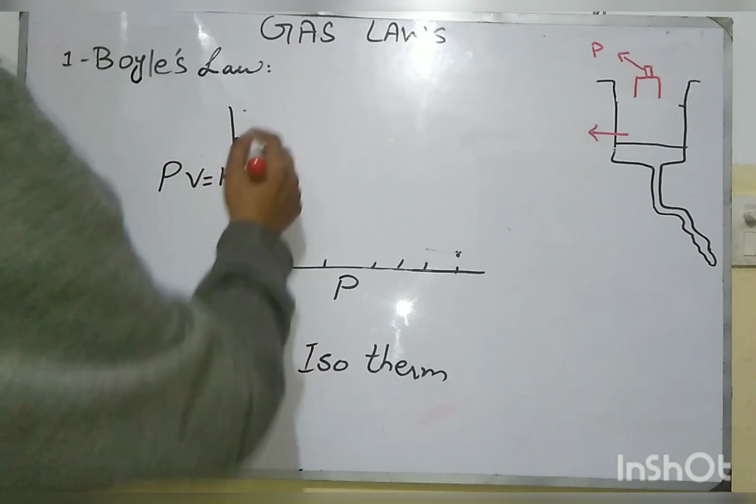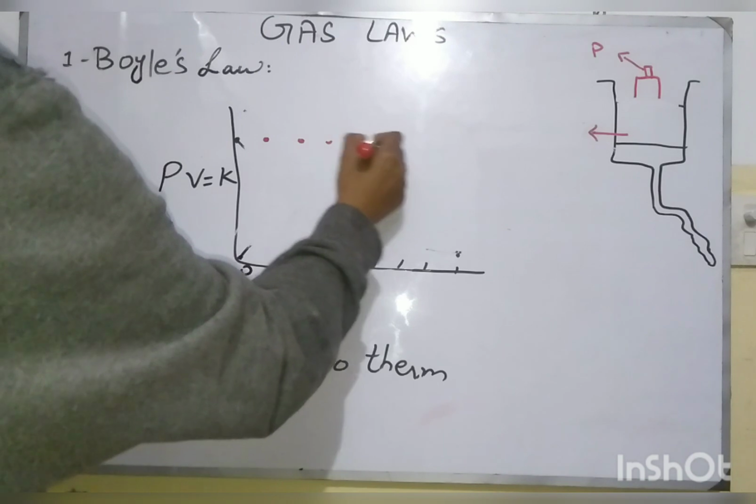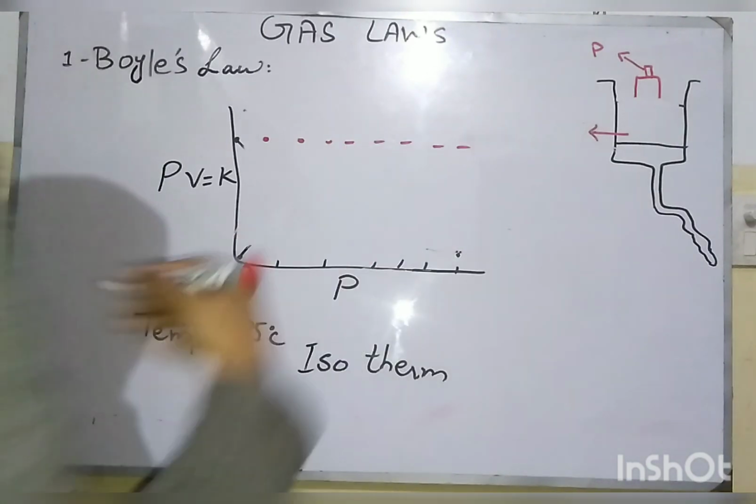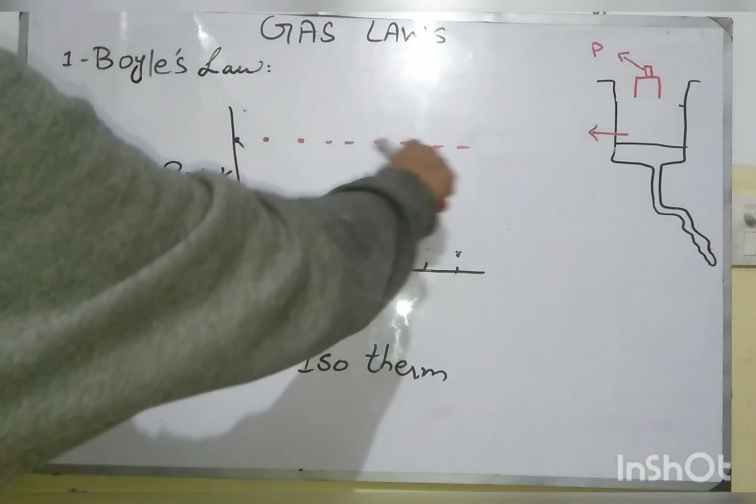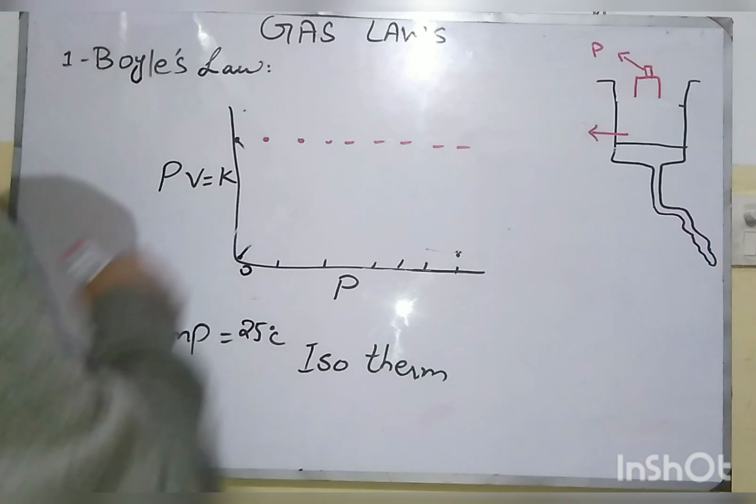The product is always a constant quantity when temperature is constant, and by varying the value of pressure and volume, the value of the product PV, or constant K, will remain constant. So we will have a constant-quantity graph like this.